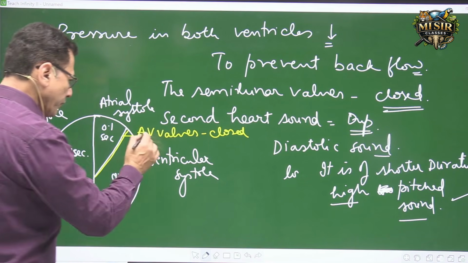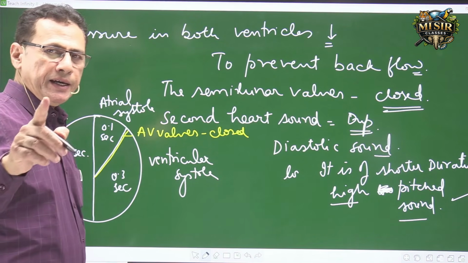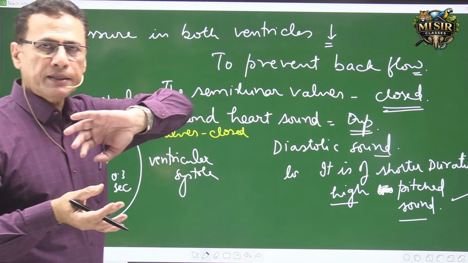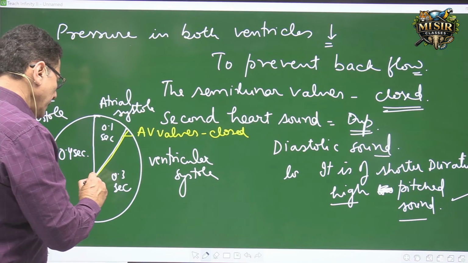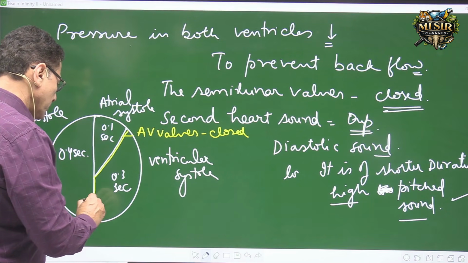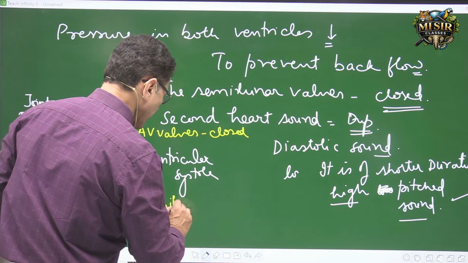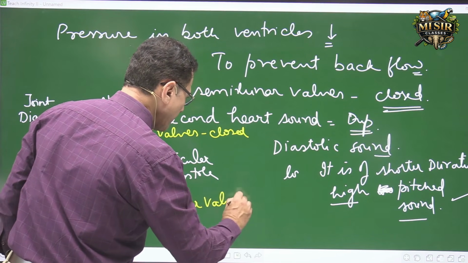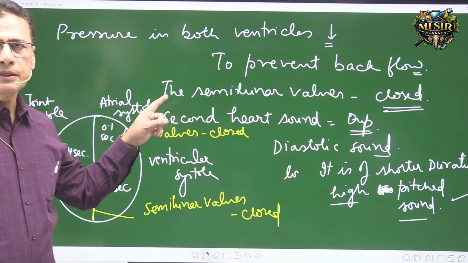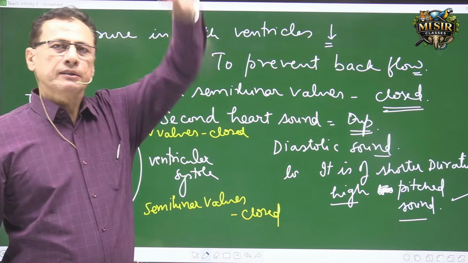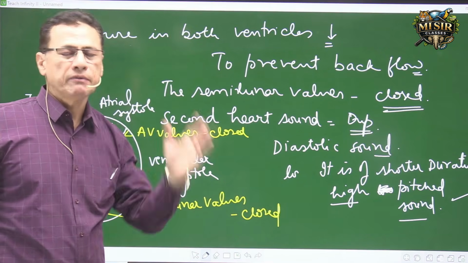Just before the start of ventricular diastole, the semilunar valves are also closed. Due to closure of AV valves, the blood does not flow back from ventricles to atria. Because of closure of semilunar valves, the blood does not come back from arteries to the ventricles.